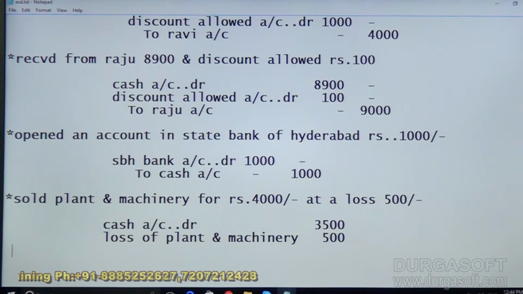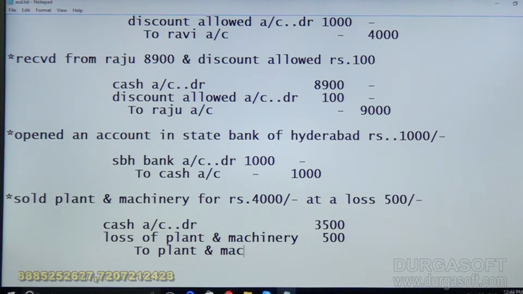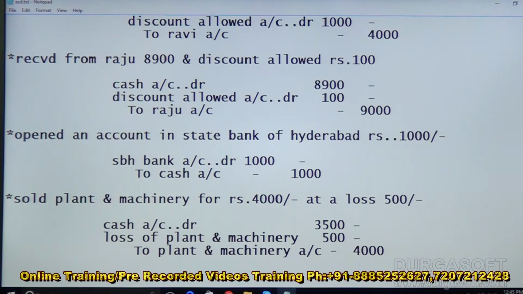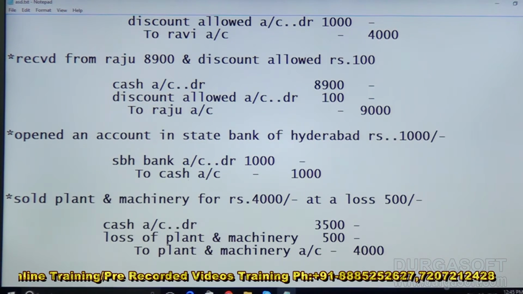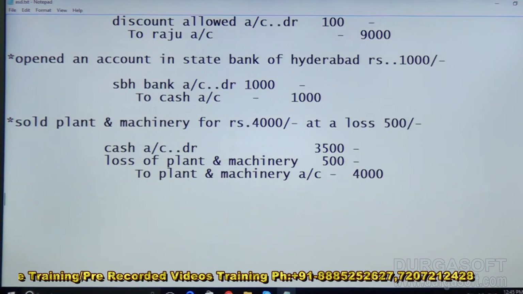Mention the amount 500 to plant and machinery. The total plant and machinery amount is 4000 rupees. So this way we need to enter the entries. We just need to understand the transactions, whether it is a loss, or a discount allowed, or a discount received.